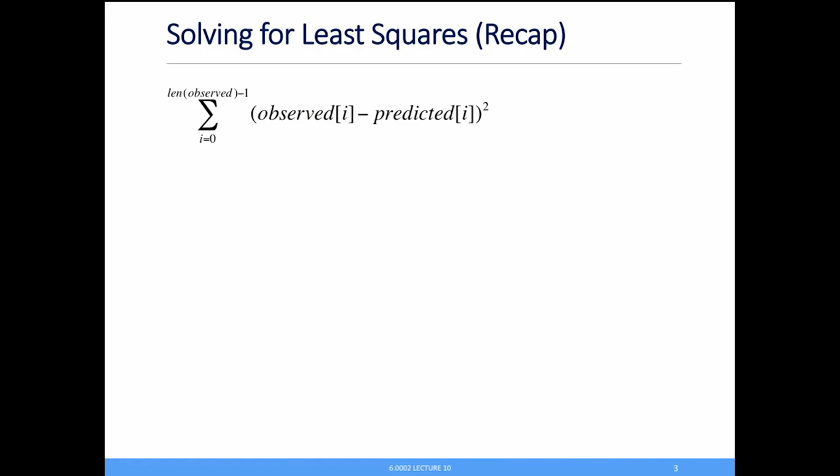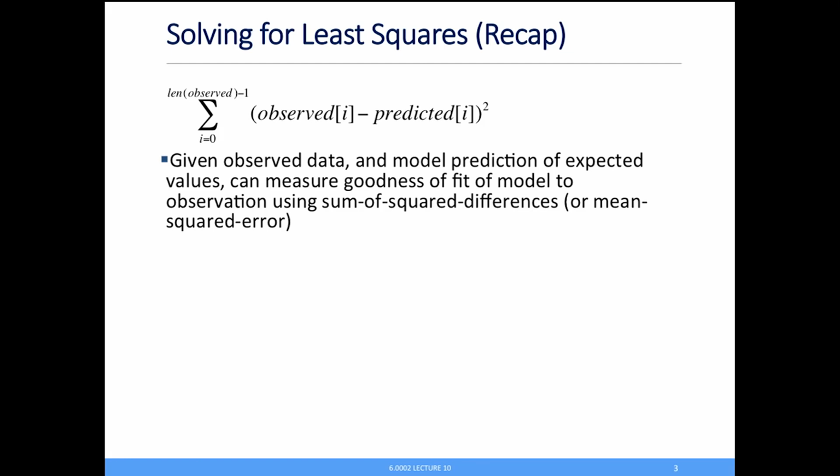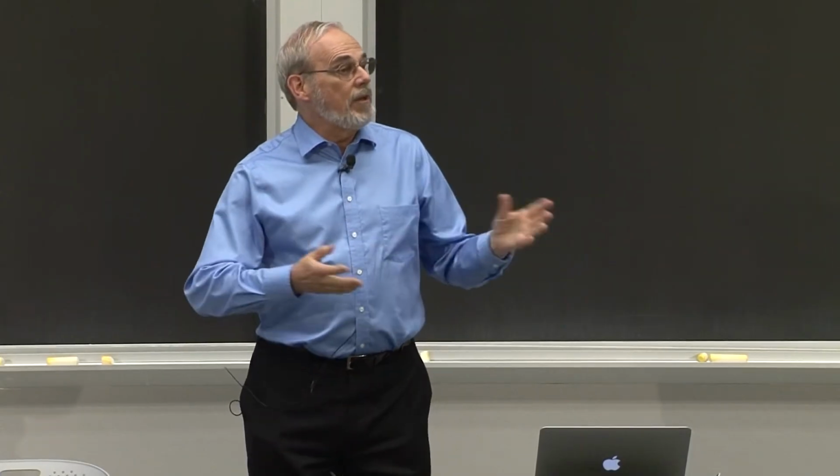We said if we got a set of observed values, in my spring case for different masses, I measure the displacements. And if I had a model that would predict what the displacements should be, I can measure how good the fit is by looking at that expression right there, the sum of the squares of the differences between the observed and the predicted data.